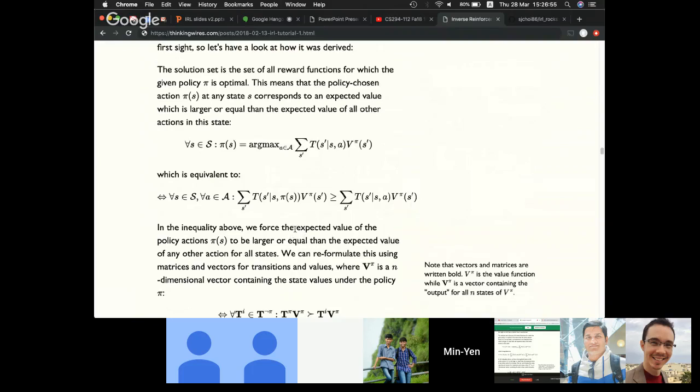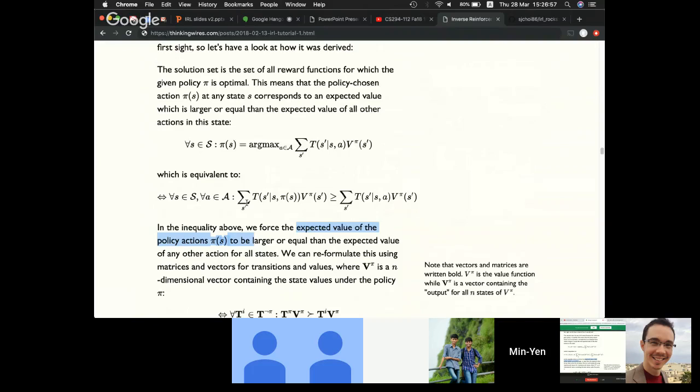You force the expected value of the policy actions, this part here, right? To be larger or equal to the expected values of any other action for all states. Did we parse that properly?